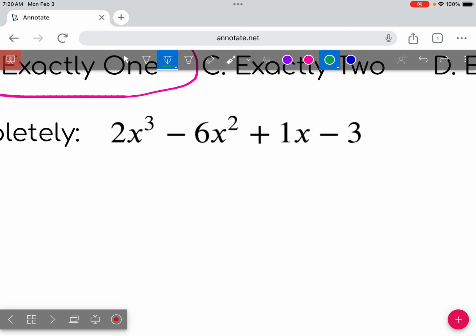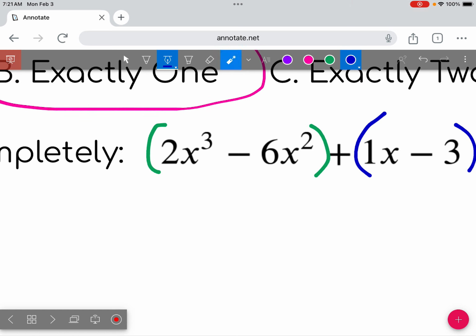We split them into 2 different groups. We're going to group them together with a plus in between so I don't have to deal with everything all at the same time. Splitting them apart. Because then I can look at each piece and say, what do these 2 pieces have in common? What do 2x cubed and minus 6x squared have in common? Two.